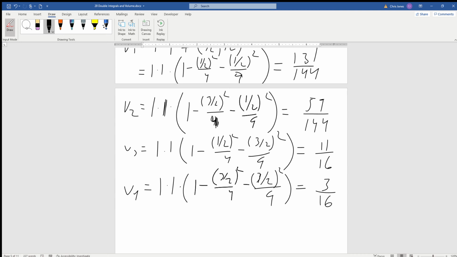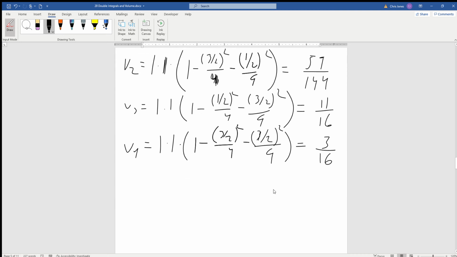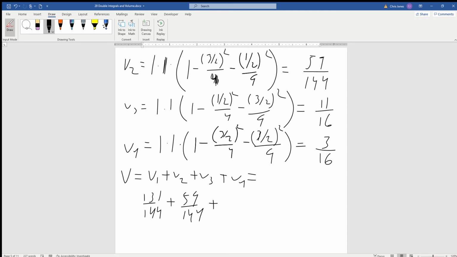So what's the total approximate volume? Well, that's when we add up all of the different volumes that we just found: V1 plus V2 plus V3 plus V4. That's 131 over 144 plus 59 over 144 plus 11 over 16 plus 3/16.